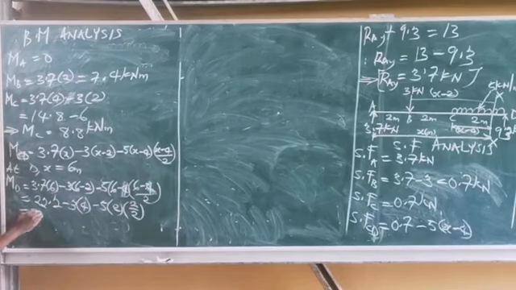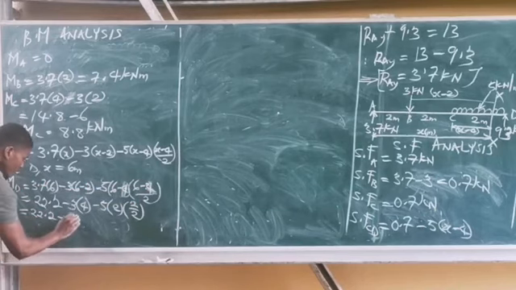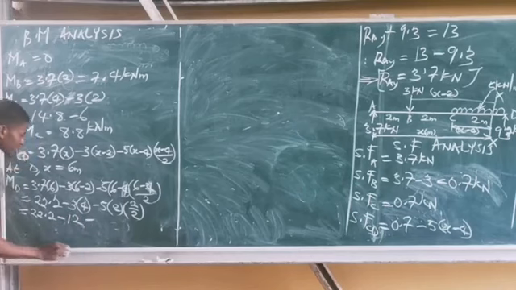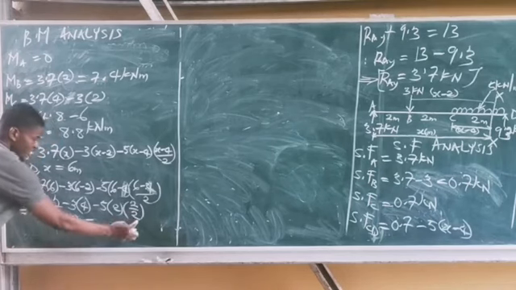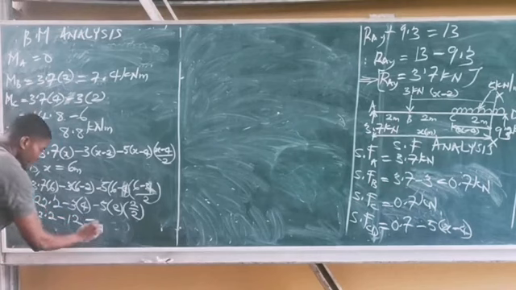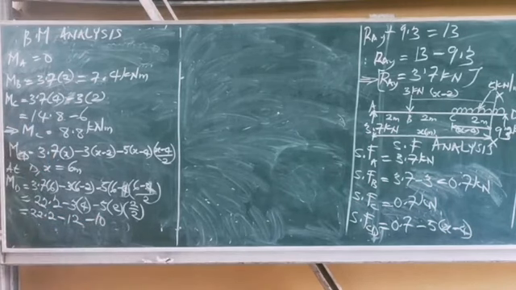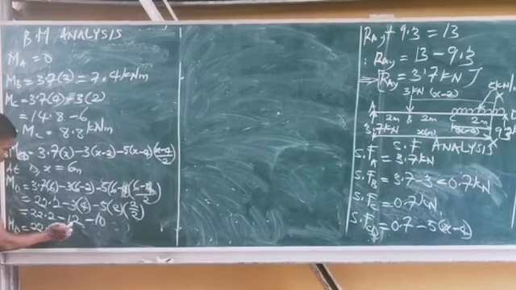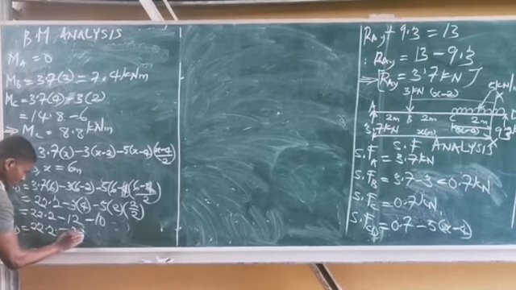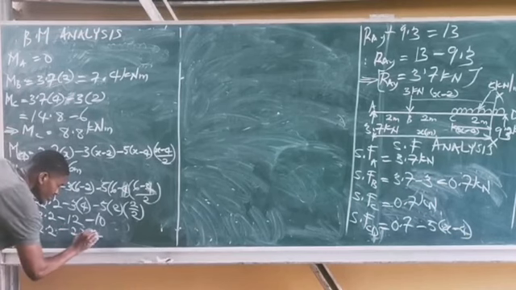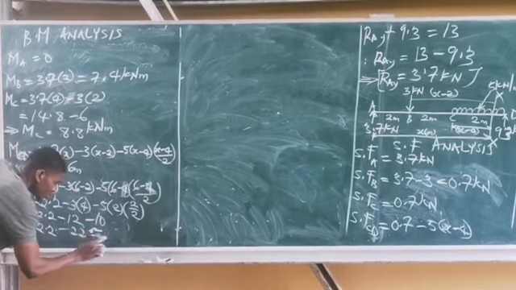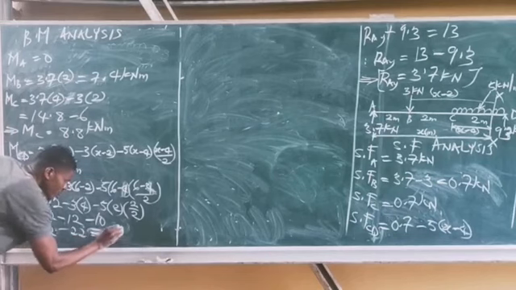This is equal to 22.2 minus 3 times 4, which is 12, minus 2 divided by 2 is 1, 1 times 2 is 2, 2 times 5 is 10. So moment at point D is equal to 22.2 minus 12 minus 10, which is approximately 0.2.